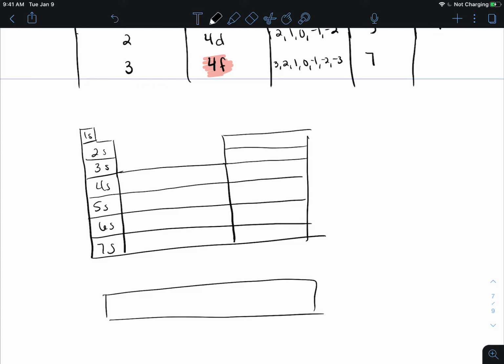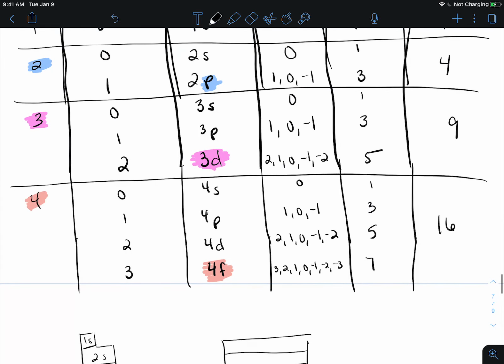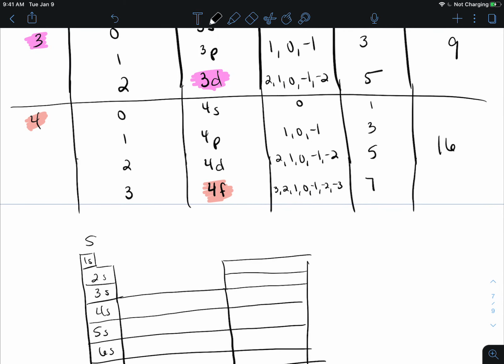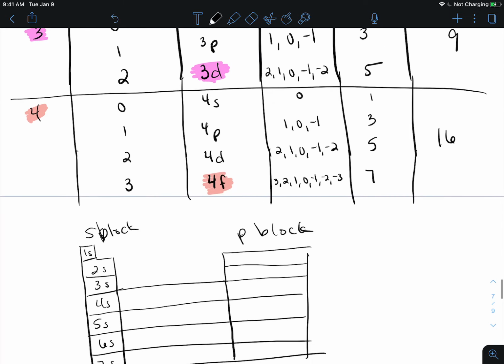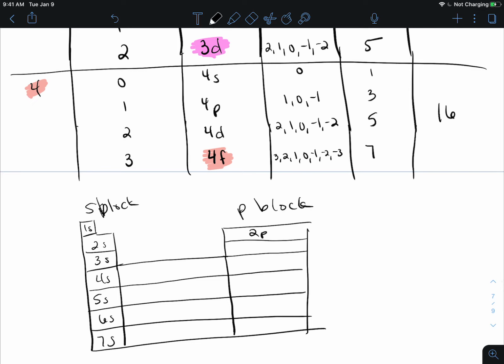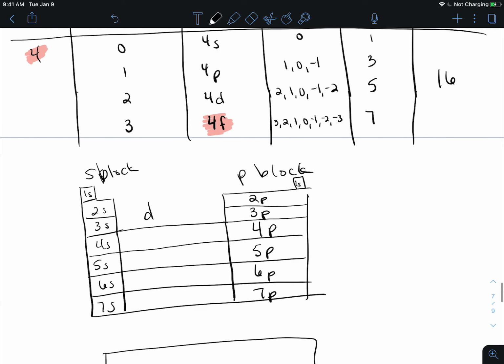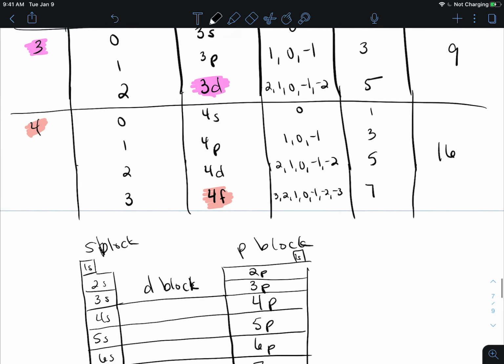And we can start up here. This is our s block. Next, we move on to our p block. In our p block, we start out with 2, so we have 2p, 3p, 4p, 5p, 6p, 7p. And then right here is our d block, and with d, we start at 3.